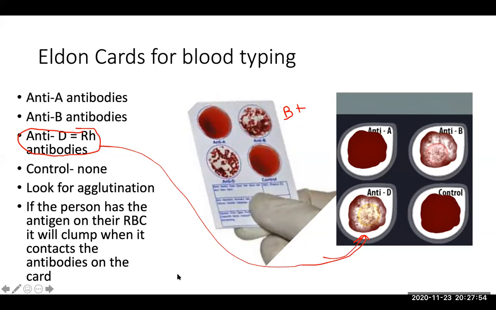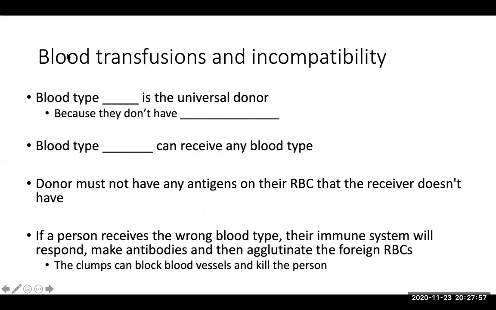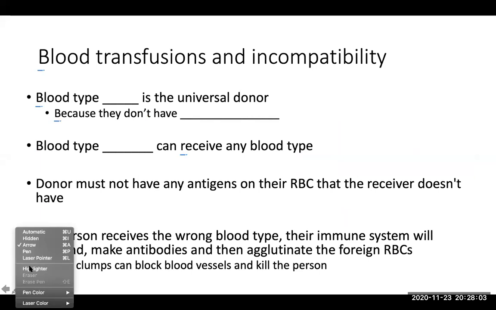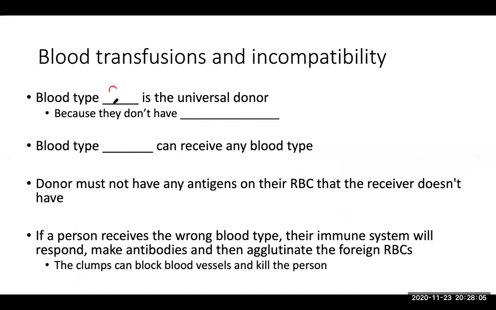Okay. All right. So blood type O negative is the universal donor. O negative is the universal donor. Why? Because they do not have any red blood cell antigens.